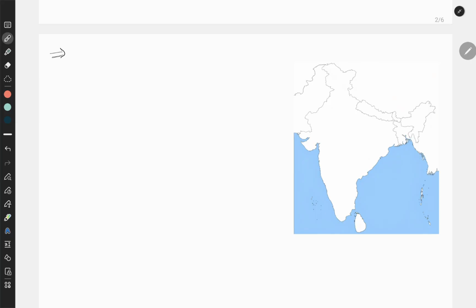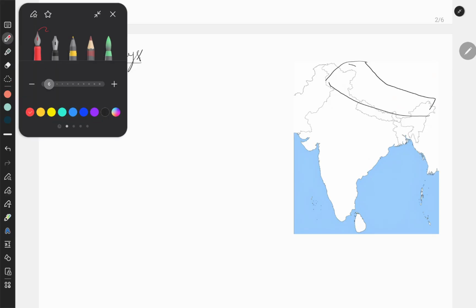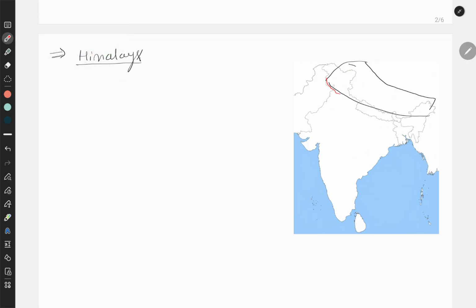These Himalayas are spreading around this area. These are the Himalayas boundary.